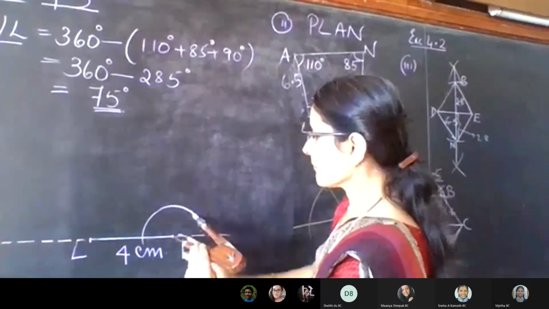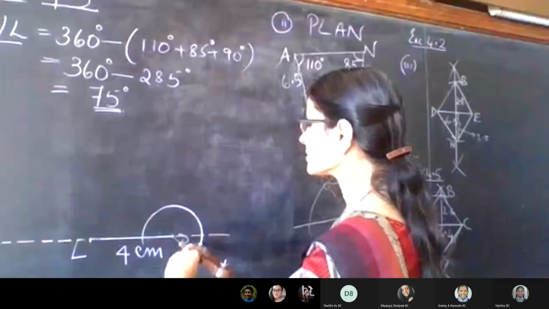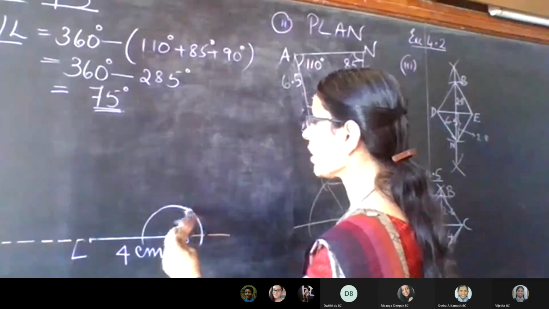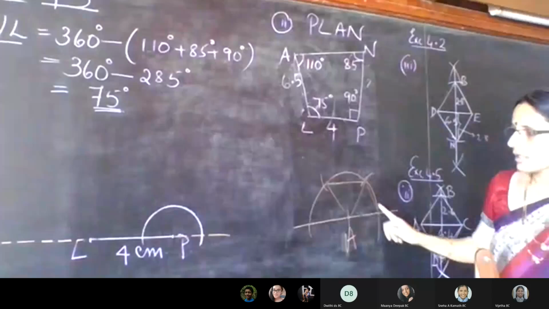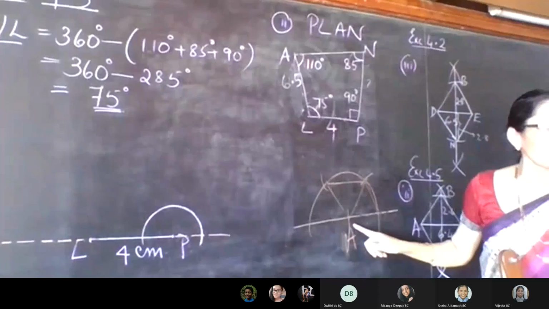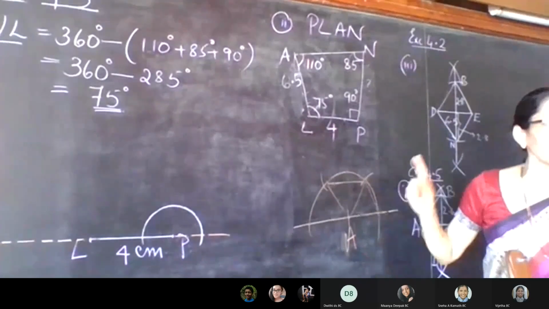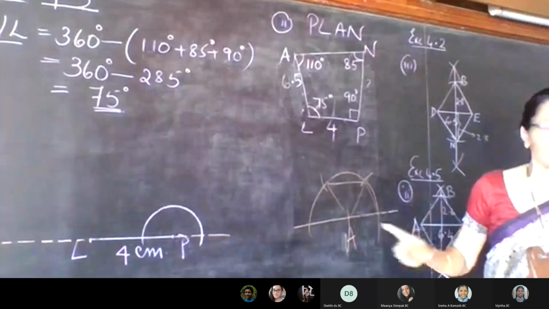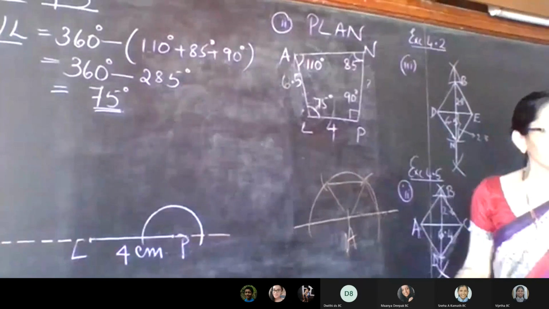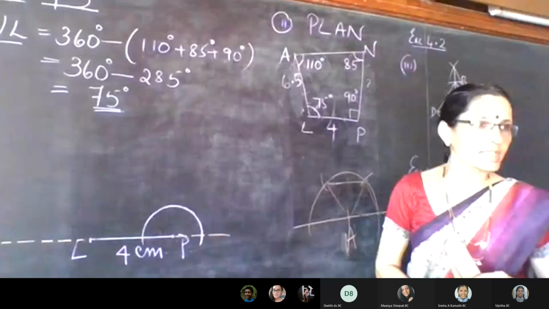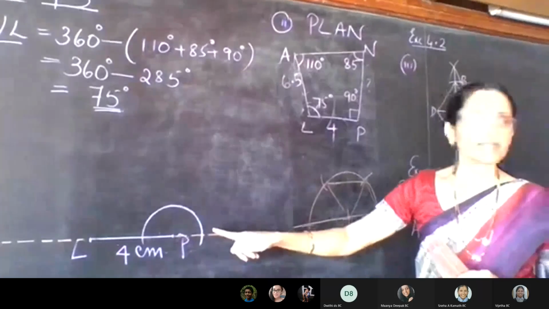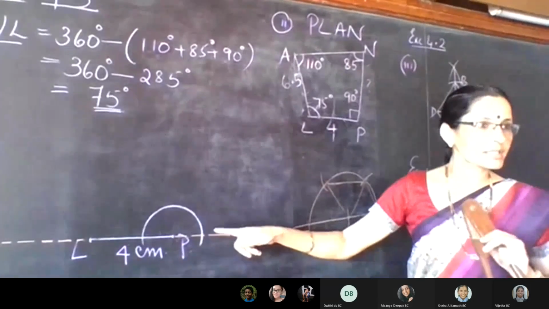Any radius, because all equilateral triangles have 60 degree only. A semicircle can be divided into three equilateral triangles. A full circle, if you draw, is 6 equilateral triangles. All the equilateral triangles have 60 degree angles.